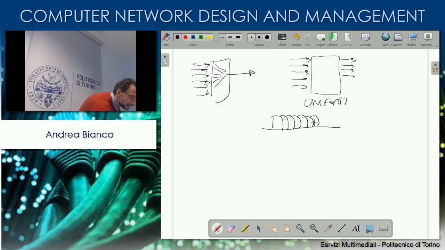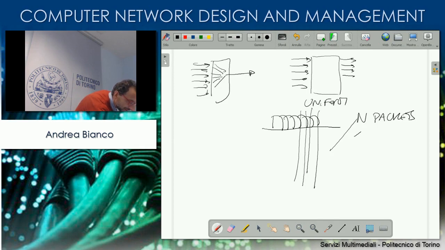So what's happening in this device? At any packet time, because if the packet size is fixed, we have a packet transmission time, which is a fixed value for all the inputs, you will receive how many packets? N, correct? One per input. So we get n packets per slot. Let me call it slot time. The slot time is the packet transmission time.